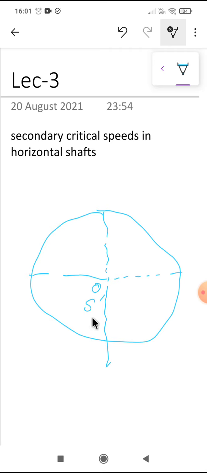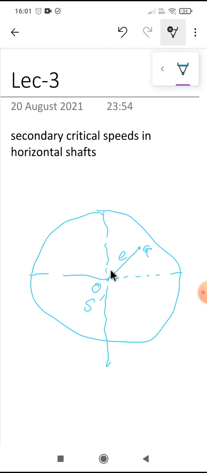Now consider G to be offset by a distance e from S. Suppose this is the center of gravity, at a distance e.